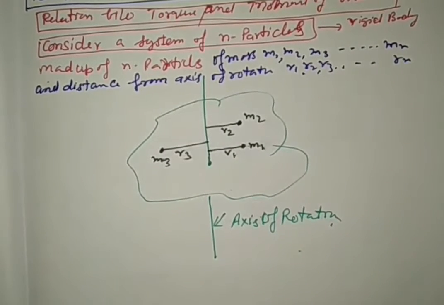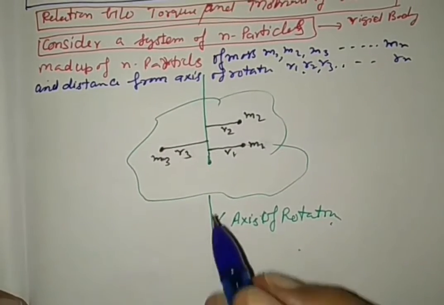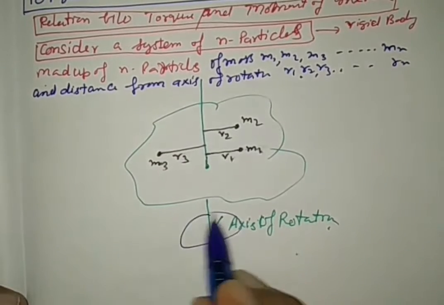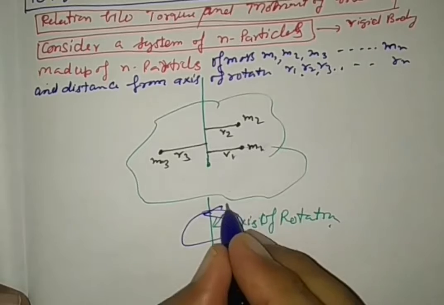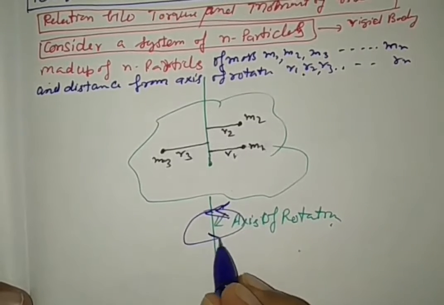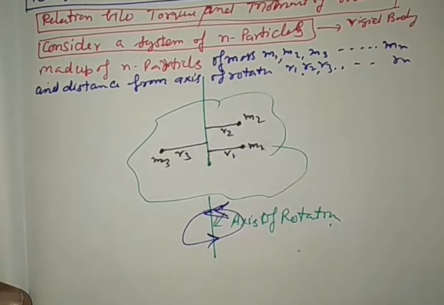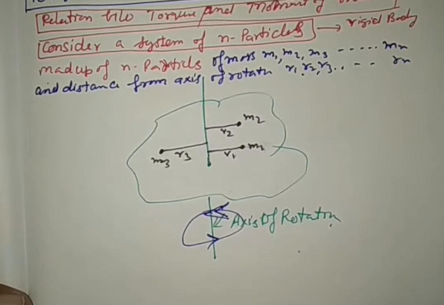Is that clear? So this is the situation here. Let it be rotating about the axis in the anti-clockwise direction, the rotation of this rigid body around the given axis of rotation.